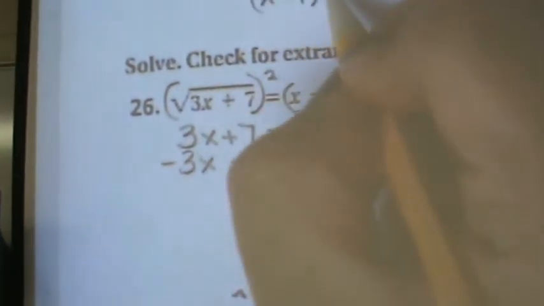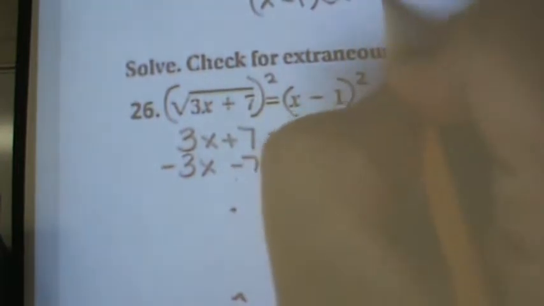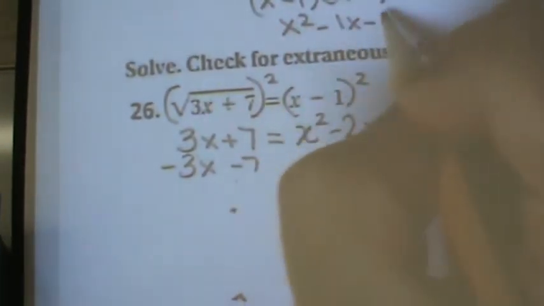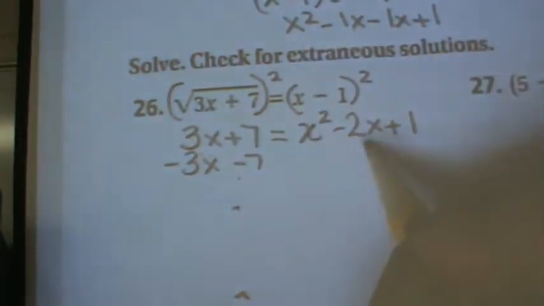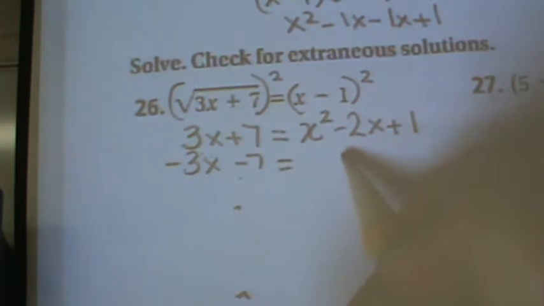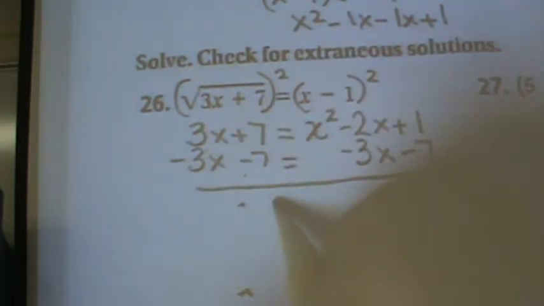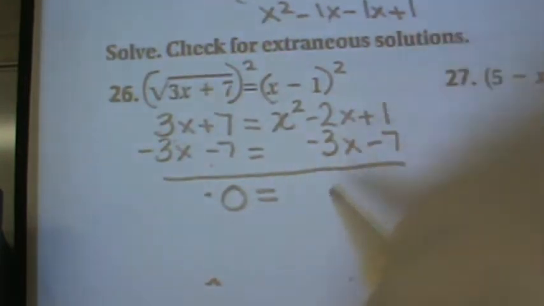When you FOIL x minus 1, 2 of them, this is what you get. Oh, that's right. x squared minus 1x, another minus 1x, and negative 1x plus negative 1x is negative 2x. Okay, so what do you get?